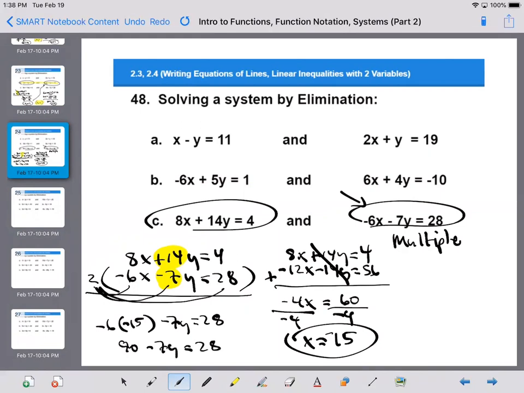So when I subtract 90 from both sides, so then I'll have over here -7y is equal to -62.